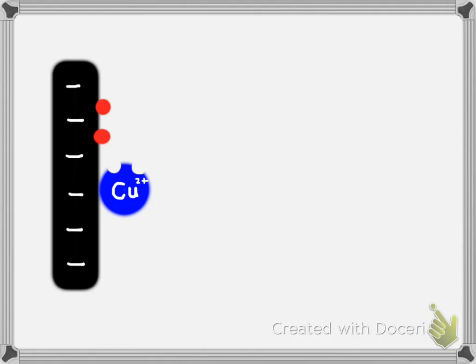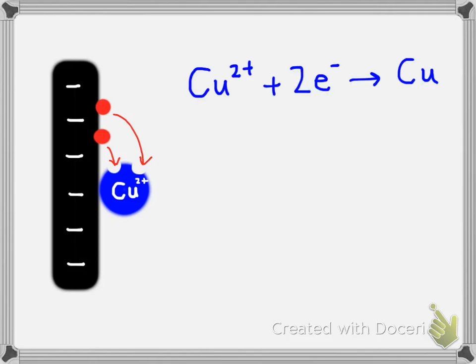The Cu2+ attracts those 2 electrons, and those electrons fill the spaces that were created when the 2+ ion was originally created. Those electrons join the Cu2+ ion, and that forms a copper atom. So our half reaction is Cu2+ gaining those 2 electrons to form copper.